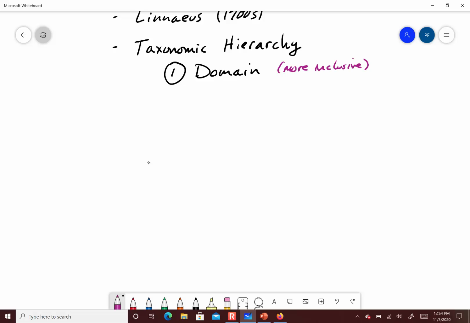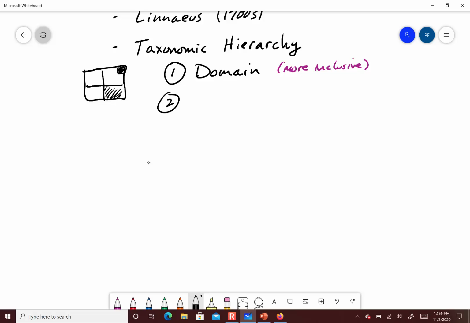And then as we go down the list, we're becoming less and less inclusive. When we go to number 2, we're looking at 1/4 of this domain. And when we go to number 3, we're looking at a little piece of 1/4 of that domain. We're just taking pieces of this as we go down.